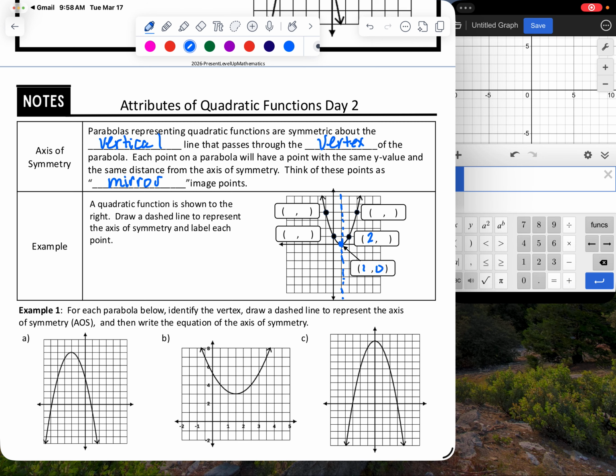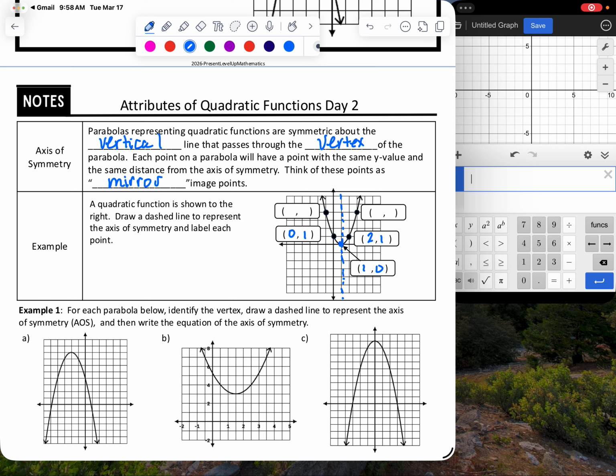If I go 1 unit to the left, that would be at x equals 0. The y-coordinate here is 1. And if we did this right, the y-coordinate should be 1 on the other side too, because the points are symmetrical. Both points are 1 unit away from the axis of symmetry.